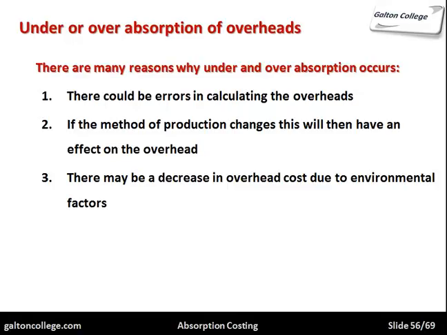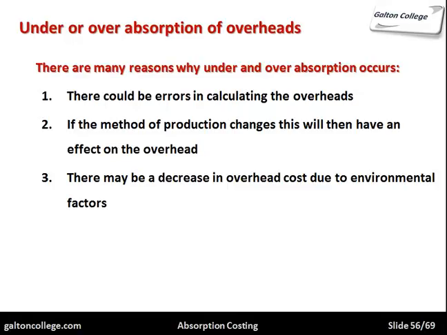There may be a decrease in overhead costs due to environmental factors. It could be a decrease because the company has to invest in, let's say, greener technology. But in the long run, it's cheaper to run. Possible.